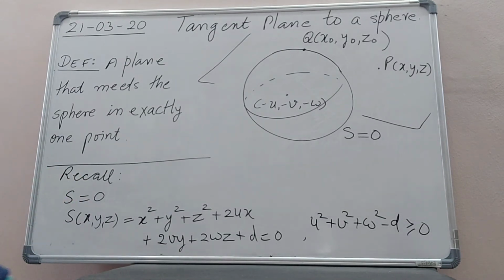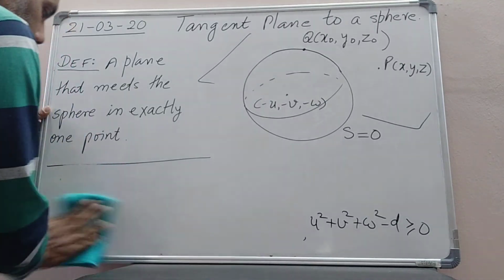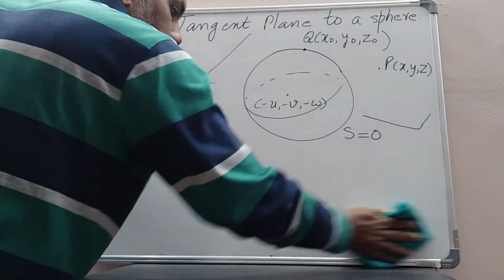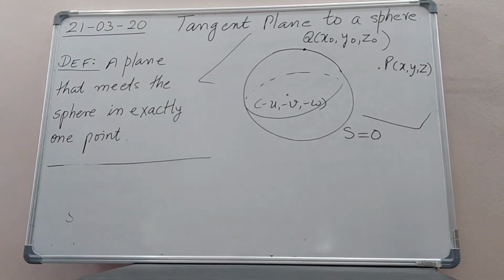Now, we want to write down the equation of the plane, the plane which is actually the tangent plane. It is not difficult to write down the equation of the tangent plane if you use a very simple and straightforward fact from three-dimensional geometry.